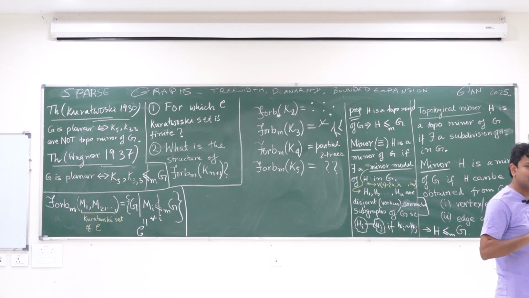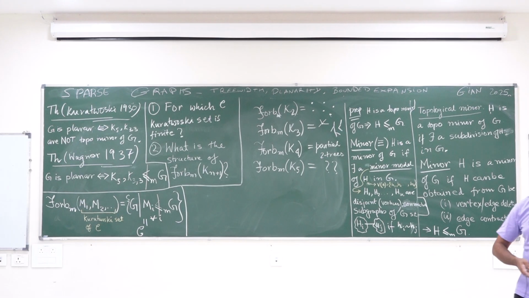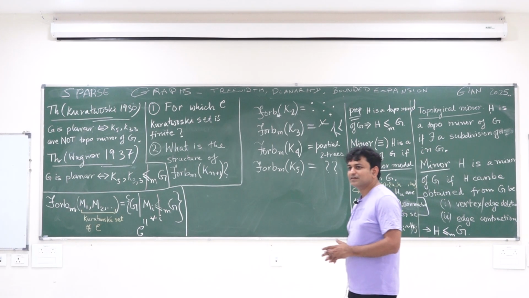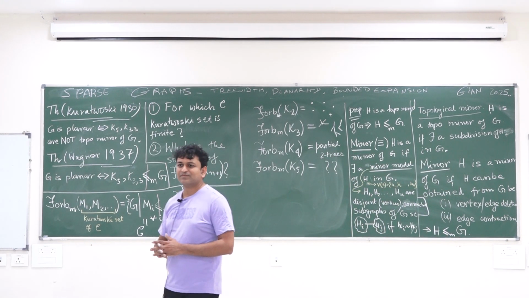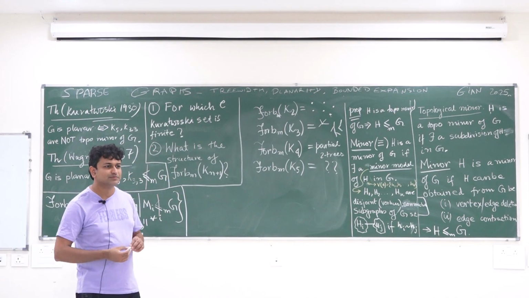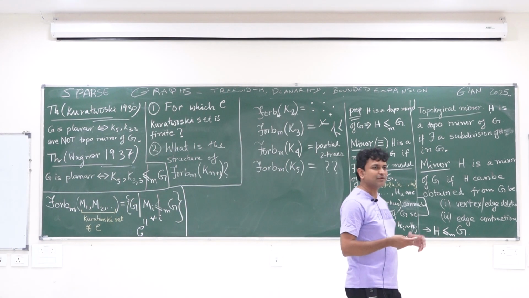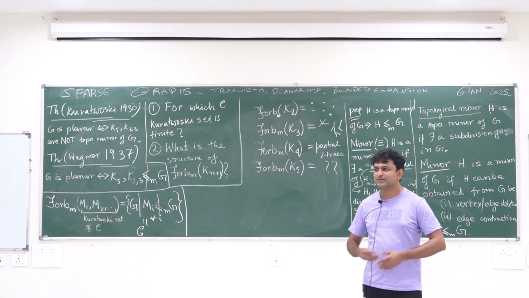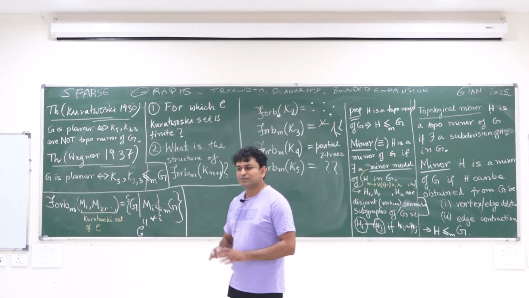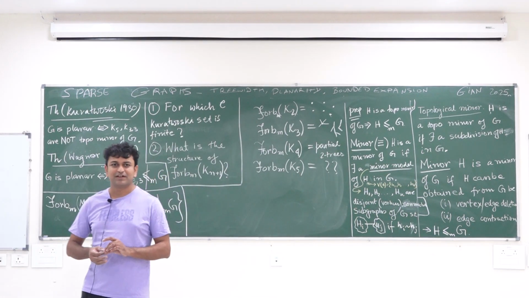But is that all? Or do you have other planar graphs inside you? K33 is there. Excellent. So from K33 you cannot get a K5. So K33 is definitely there.